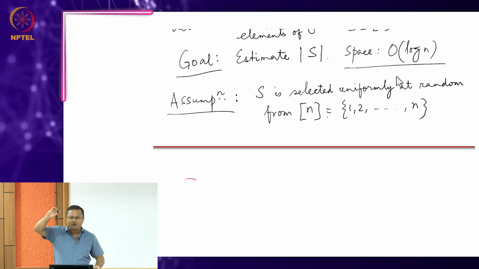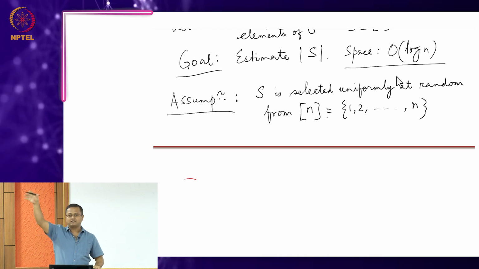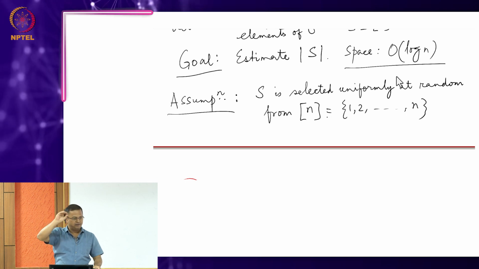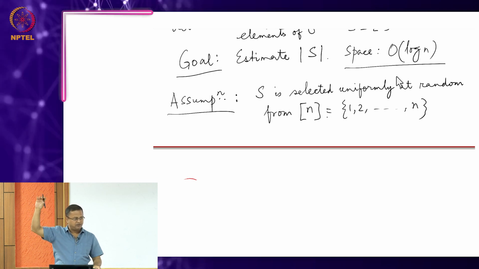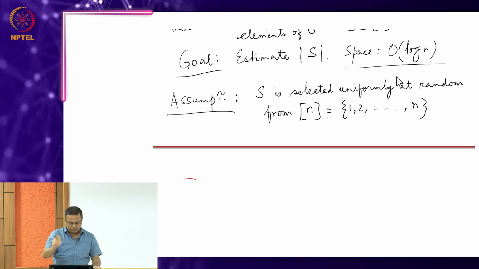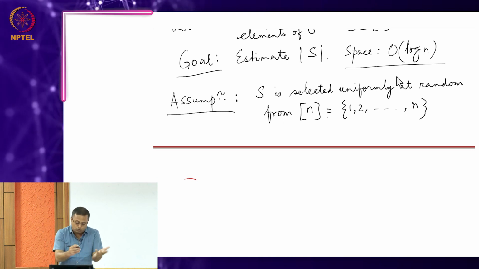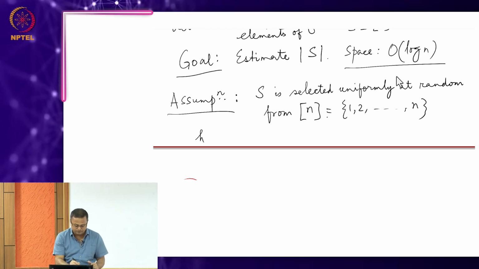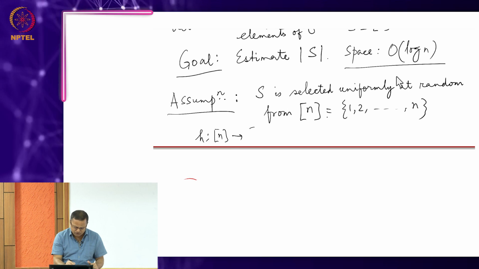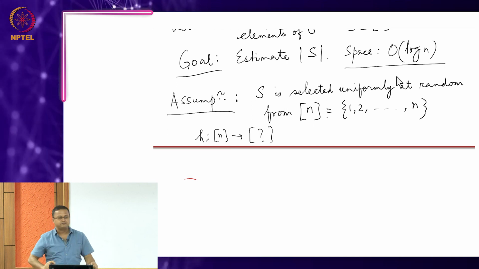So, now your domain has changed. It is no longer N, it is a new domain, the range of the hash function. To simulate this assumption, we will need a hash function that goes from this to something which we will see later.